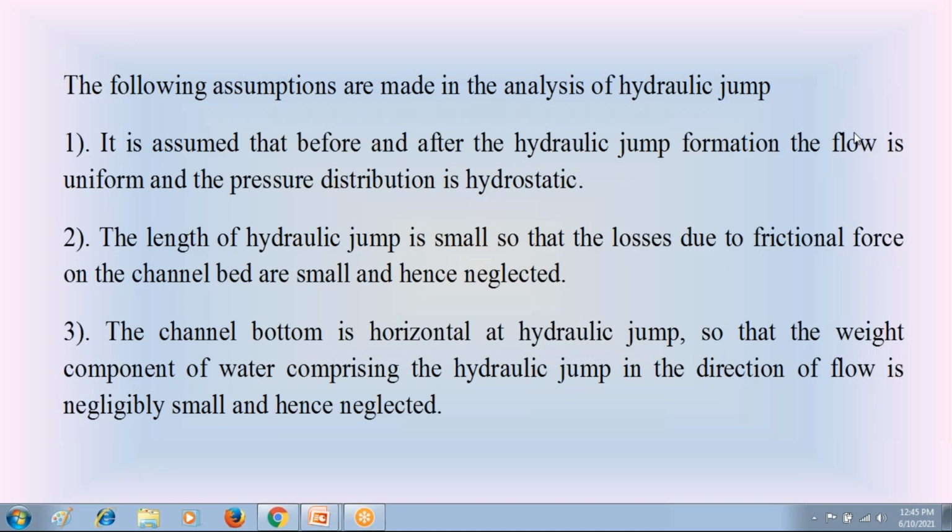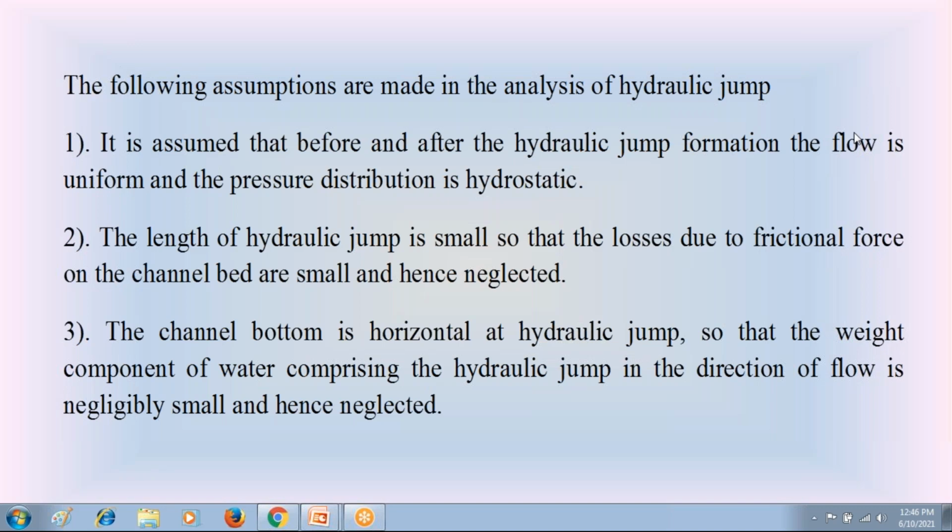Second assumption, we assume the length of the hydraulic jump in the open channel is a small value. It is not kilometers in length. Hydraulic jump will not form over 1 kilometer or 2 kilometers of length. Hydraulic jump will form a maximum of 100 to 250 meters.